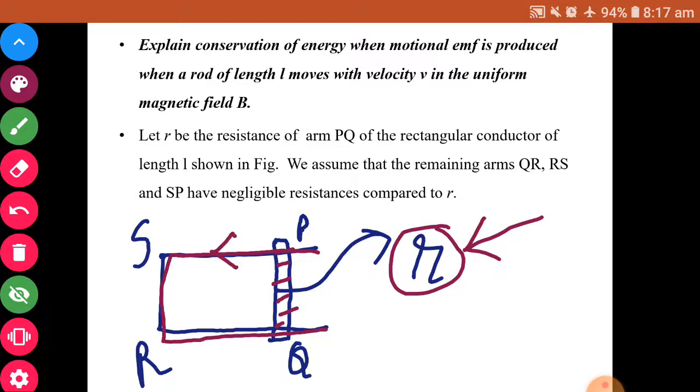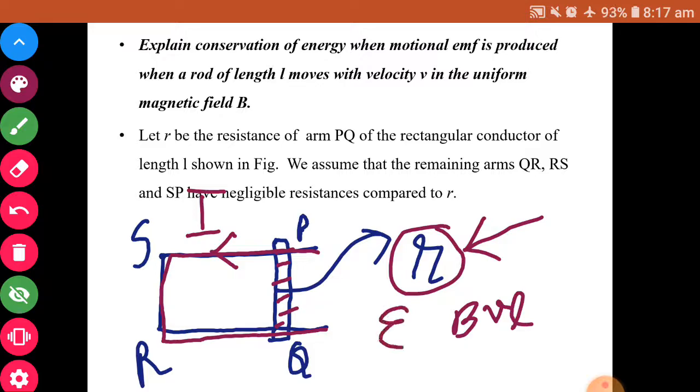Now, because of the motion, the electric current I is produced, because motional EMF is produced here. Electromotive force produces current I, and the electromotive force which is produced here because of its motion is BVL.